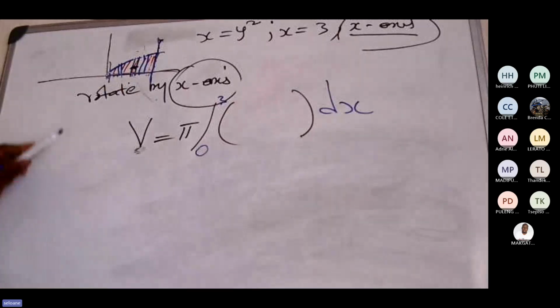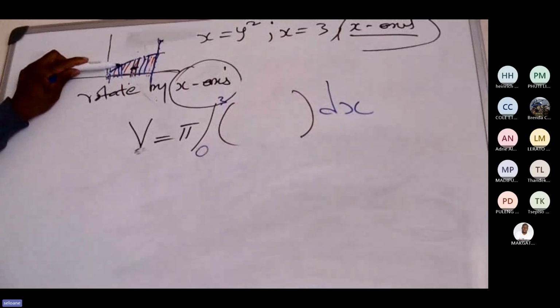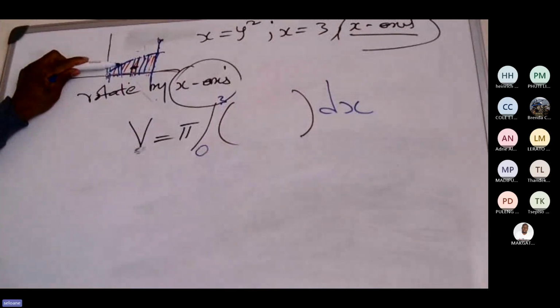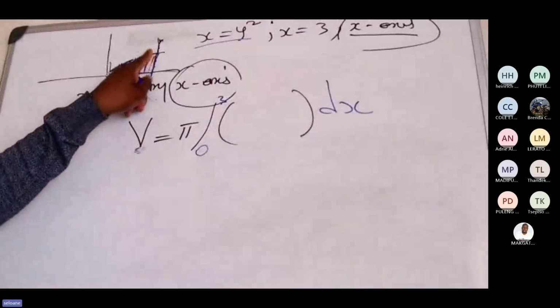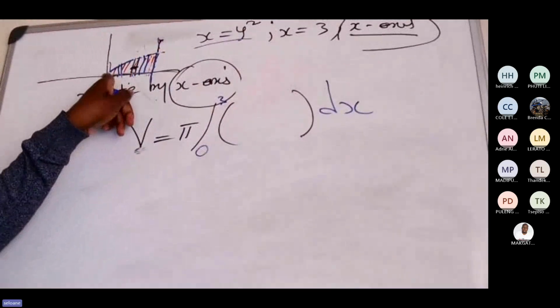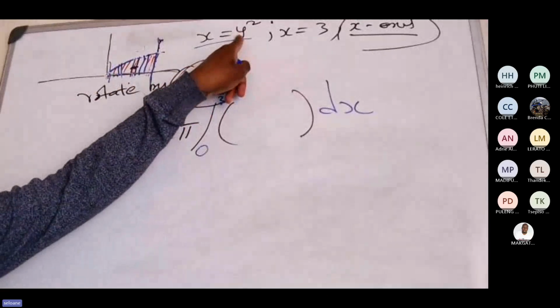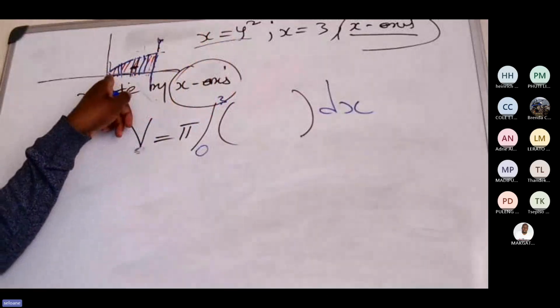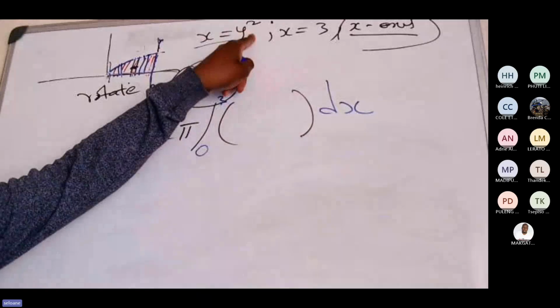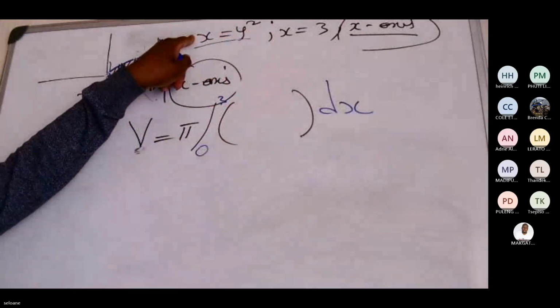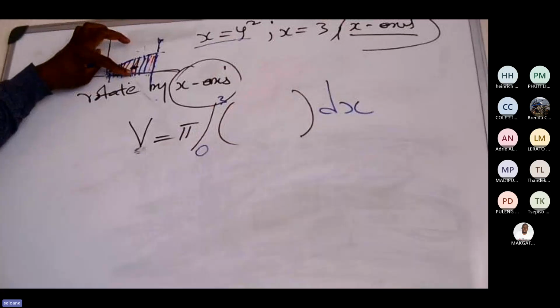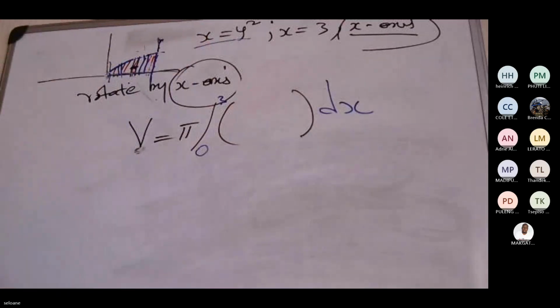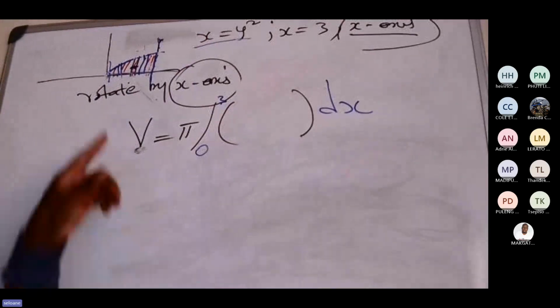It will still be y on this graph. Therefore, you make y the subject of the formula, because any y in here, you solve for y. It will be y is equal to the square root of x. Therefore, the radius will now be the distance from here up to here, which is the square root of x minus 0.